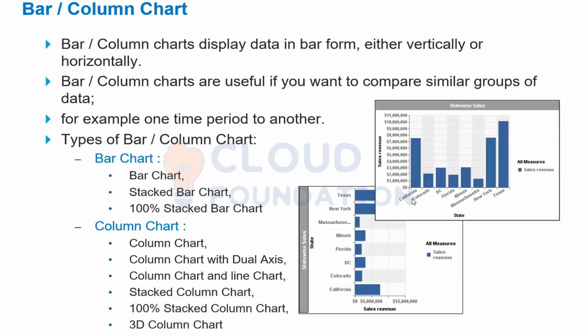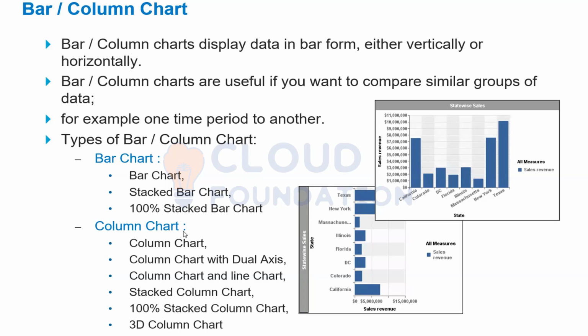Like if you see here, sales revenue over states, by seeing this chart itself, we can see that Texas sales revenue is better and Massachusetts is very poor. So we don't need to go for the exact number, but we will know which is better and which is not good, just by seeing the chart output. In that way, it takes very little time and it is also visually very engaging.